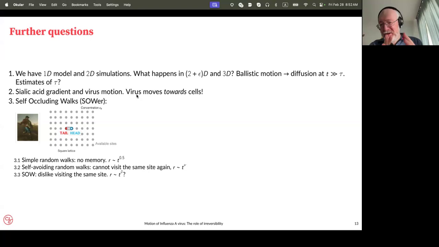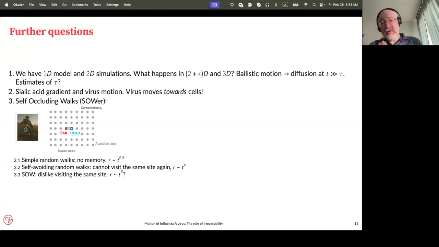You still can do it if there is nothing else, because you can return to the place using your diffusion motion or the rest of the sialic acid. So we have this self-occluding walk, or SOW, and this is, by the way, one of the most famous SOWs we have seen.